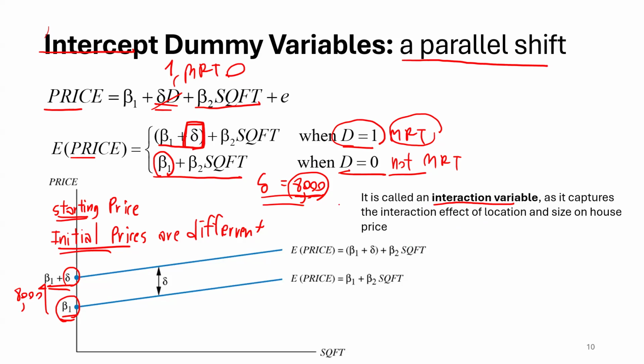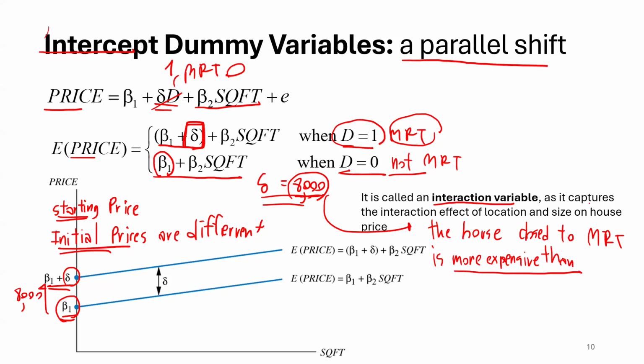Okay, then when you interpret the dummy variable, you have to interpret it as: if the house is close to MRT, it is more expensive than not close to MRT by 8,000.